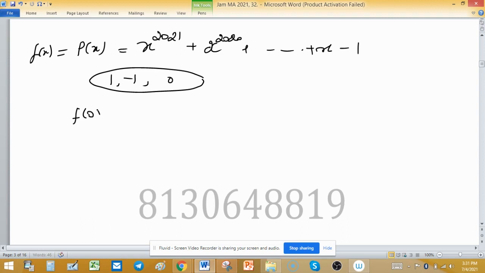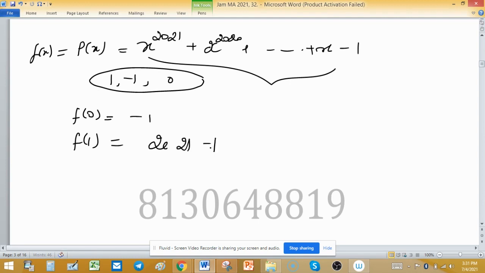So the value of f of 0 will equal minus 1, because the other terms go to 0. The value of f of 1 will be positive terms and minus 1. There are 2021 terms, so 2021 minus 1 equals 2020.